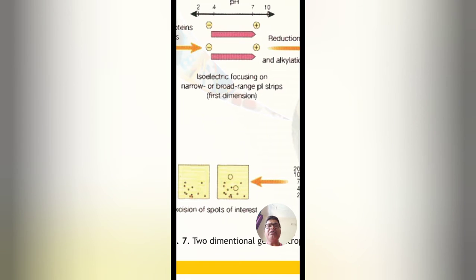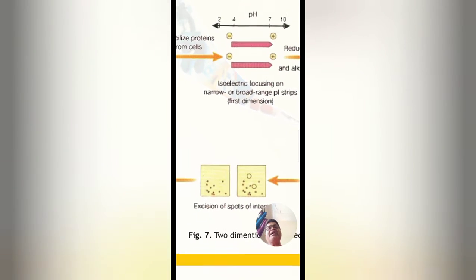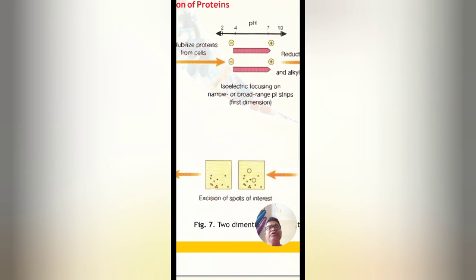So you know, through isoelectric focusing we are going to separate the protein mixture on the basis of pI. Each protein has its specific pI. This is the characteristic of each type of protein. So first we separate the protein on the basis of pI.